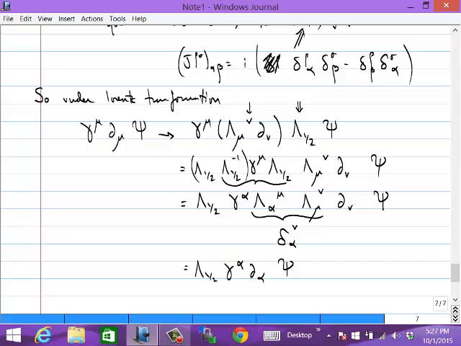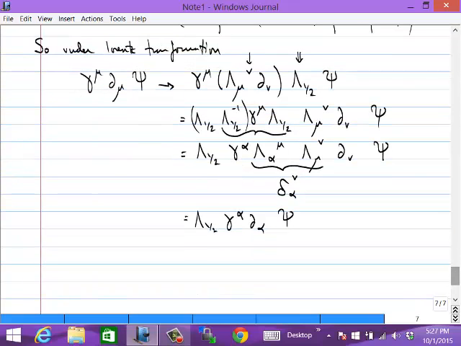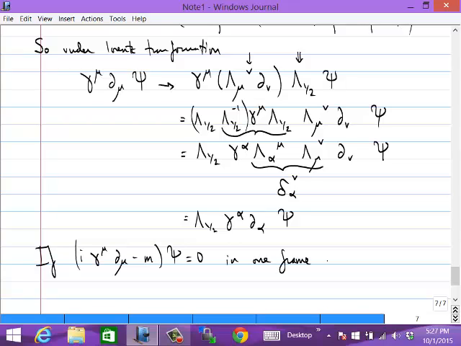So what does that mean? Remember, lambda to the 1/2 is an invertible matrix. So that means that the Dirac equation has the property that if it's satisfied in one reference frame, it is satisfied in all reference frames.